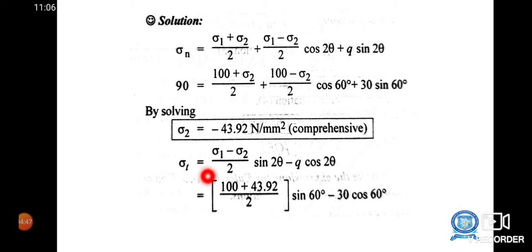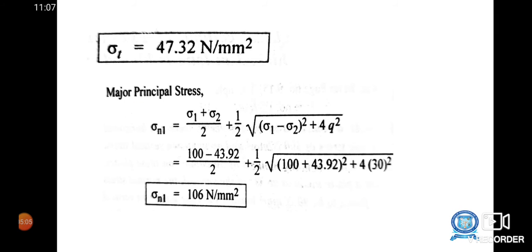We apply all the given and calculated values in this formula: 100 plus, since minus into minus is plus, 43.92 divided by 2 sin 60 minus 30 into cos 60. So sigma t is equal to 47.32 Newton per millimeter square.